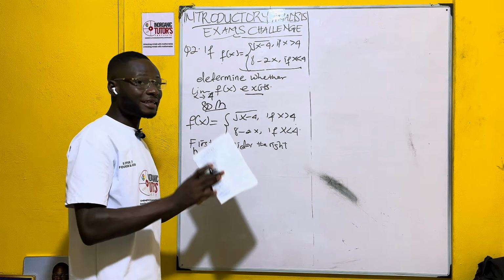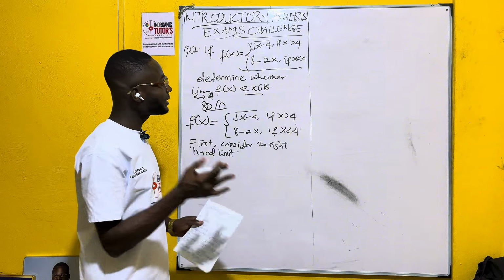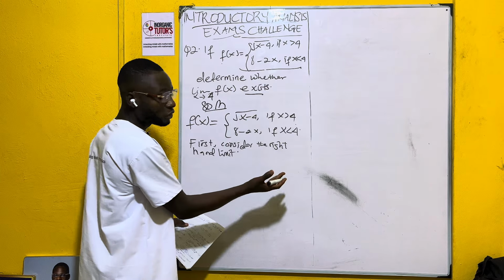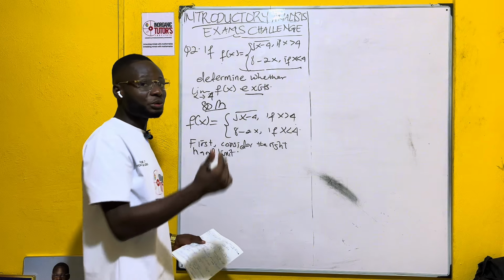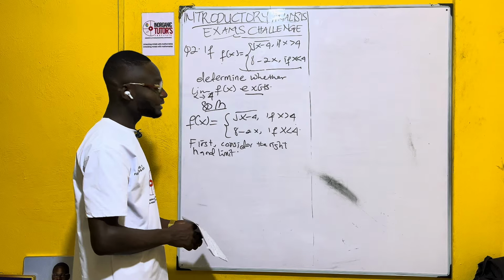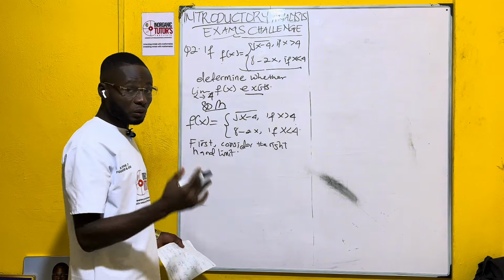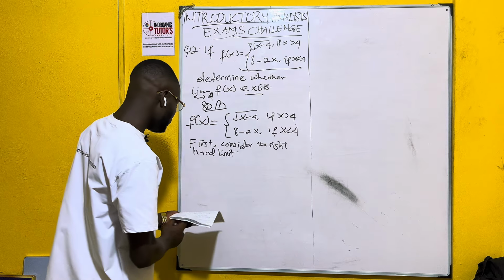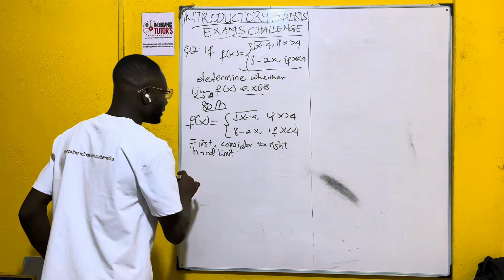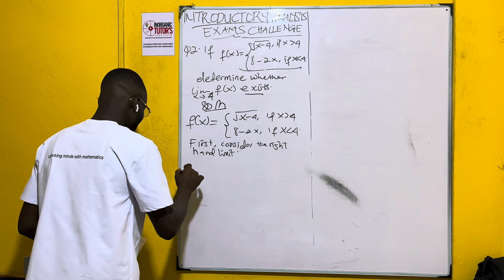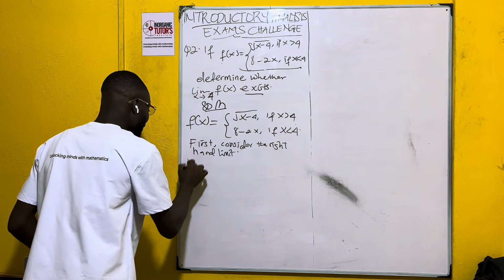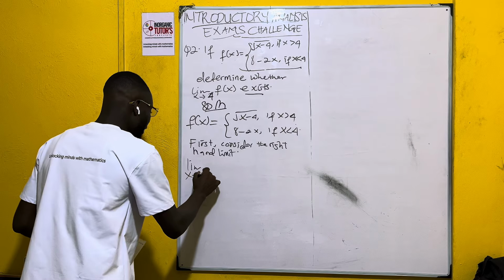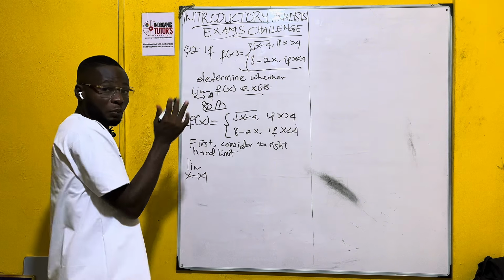If we do and simplify and we realize that the result we have is the same as when we do for the left-hand limit, then we can conclude, right? So we are going to deal with the right-hand side first. So limit as x approaches 4 from the right-hand side.